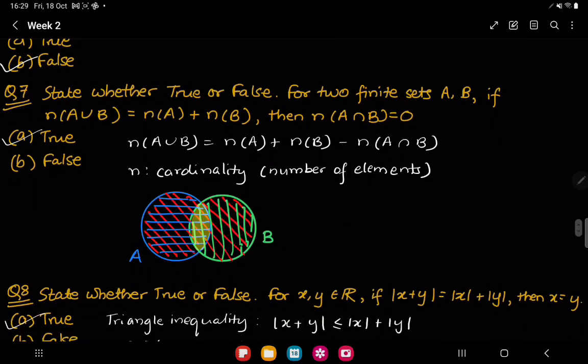Then these are Venn diagrams, and Venn diagrams are useful for visualization of sets. And this symbol N denotes the cardinality, which is the number of elements. And this is the union operation, A union B, which means all the elements of A and B combined.